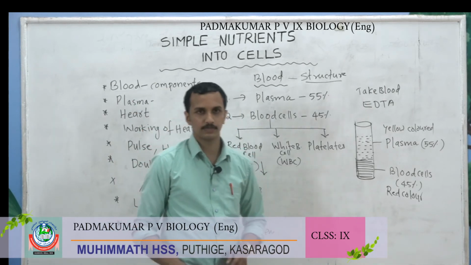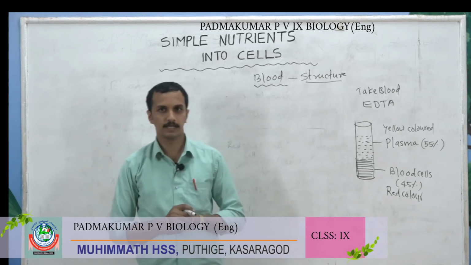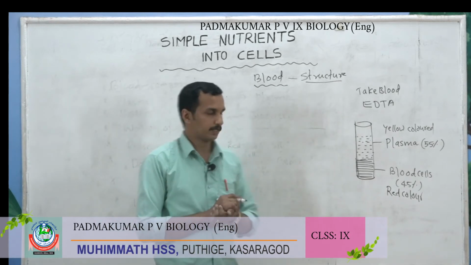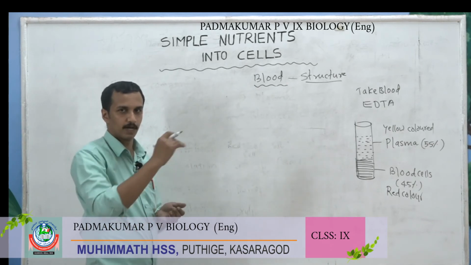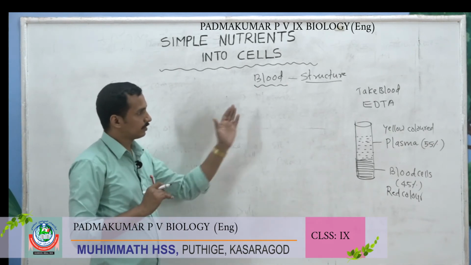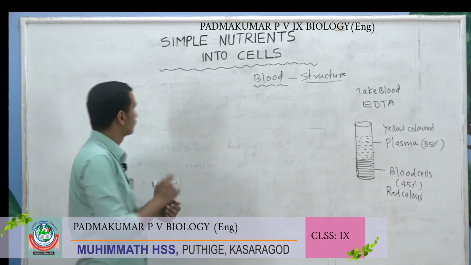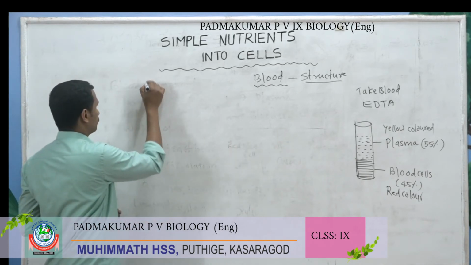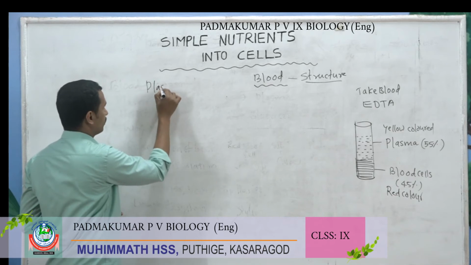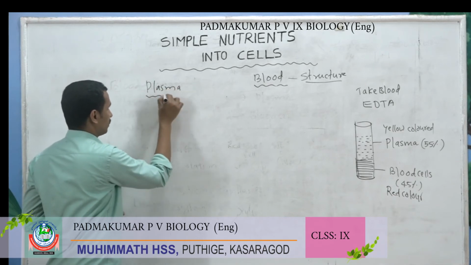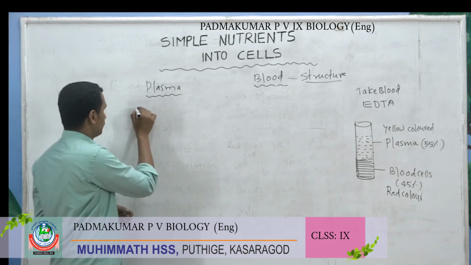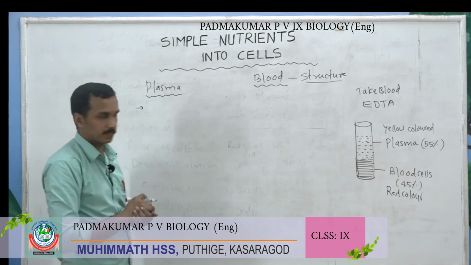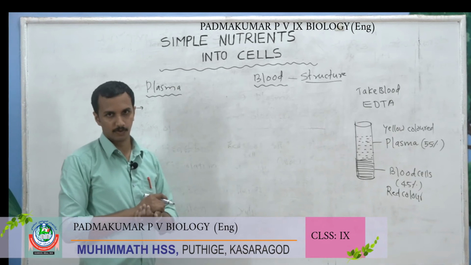Now we are moving to plasma. Next we are moving to blood plasma. We already discussed blood contains blood plasma and blood cells. Let us discuss a few points related to plasma. We already discussed that plasma contains different types of proteins.